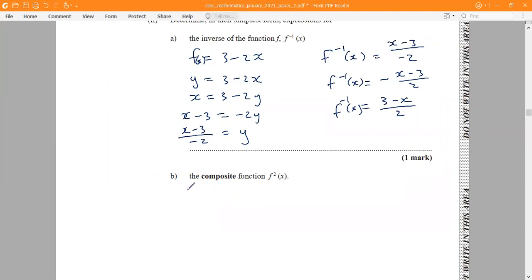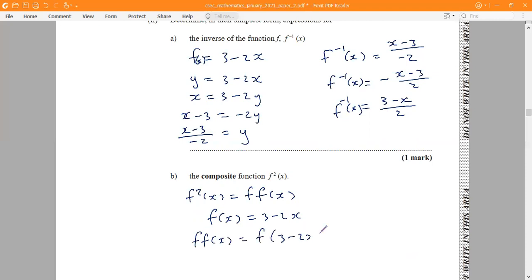Composite function f squared of x is equal to f of f of x. And we know f of x is equal to 3 minus 2x. So therefore f of f of x would be f of 3 minus 2x. Okay, so we replace f of x by 3 minus 2x. So we substitute 3 minus 2x for x. So instead of x, we write the whole 3 minus 2x.